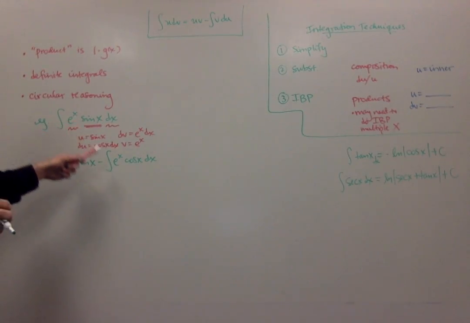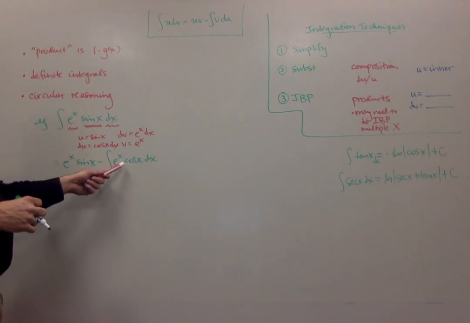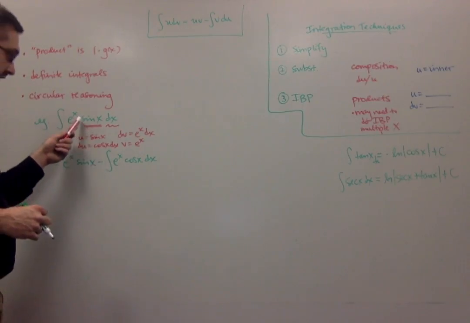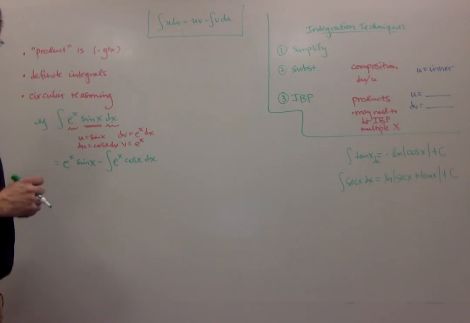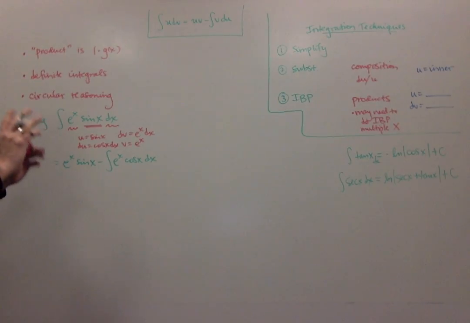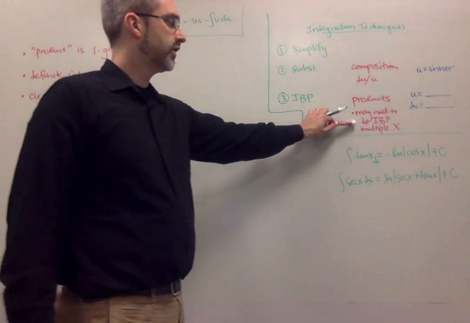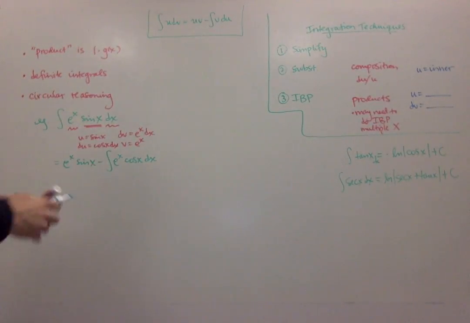Now, comparing integrals, notice that this one isn't worse than the first one, but it's also not better. It's basically the same difficulty level, which is kind of interesting. So keeping that in mind, we might persevere and say, well, maybe I just need to do integration by parts again. So let's try that.